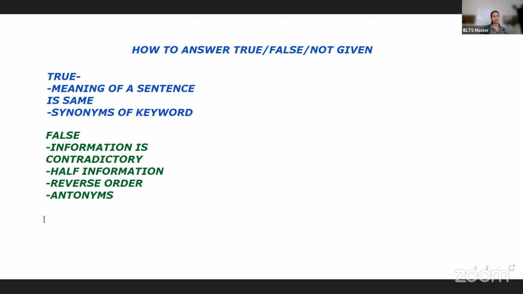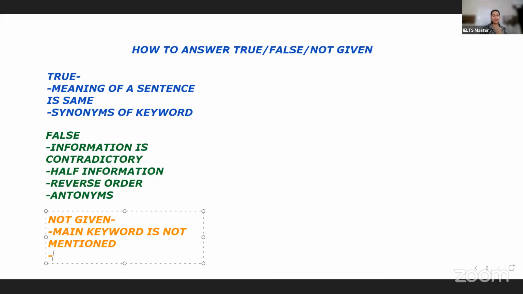If I say the last type, which is not given. In not given, it means the main keyword is not mentioned. What do you mean by main keyword? Main keyword is a noun.